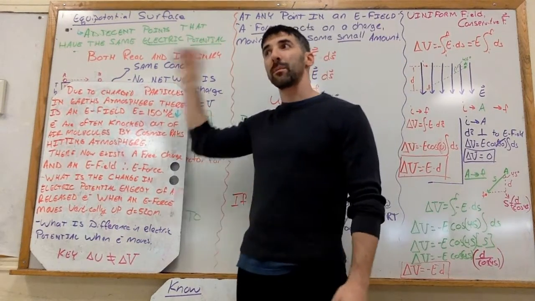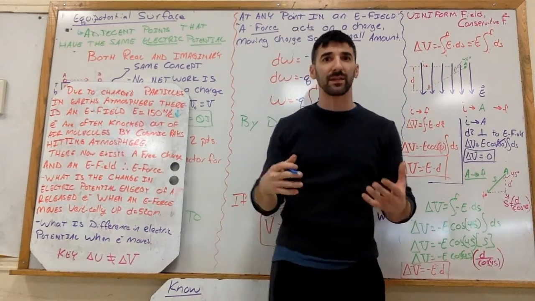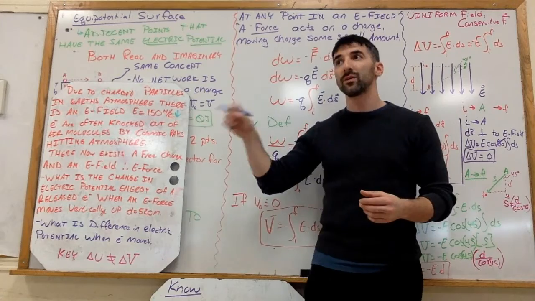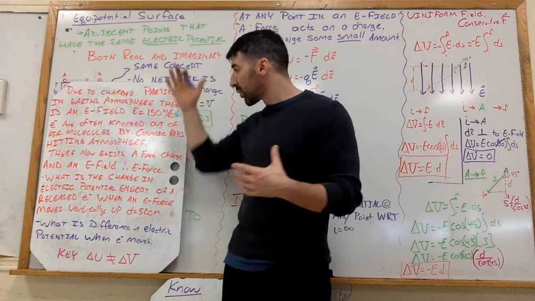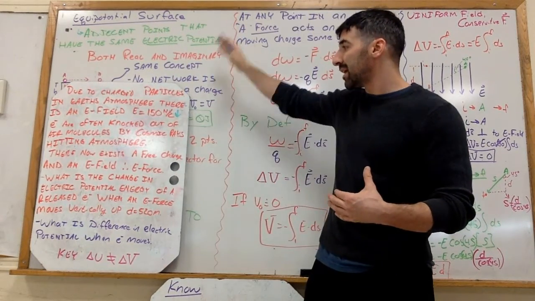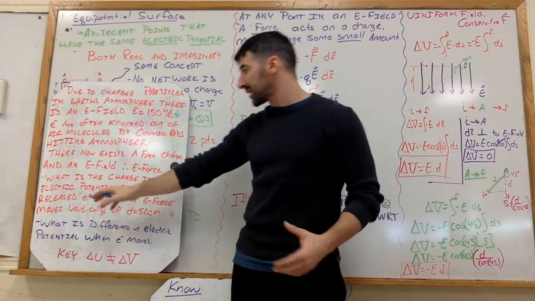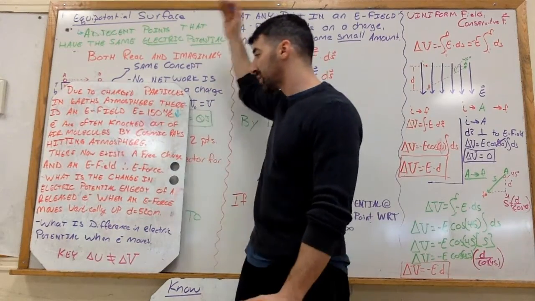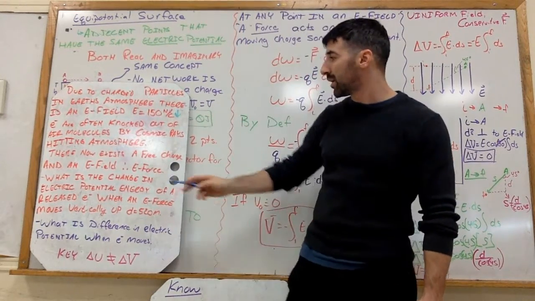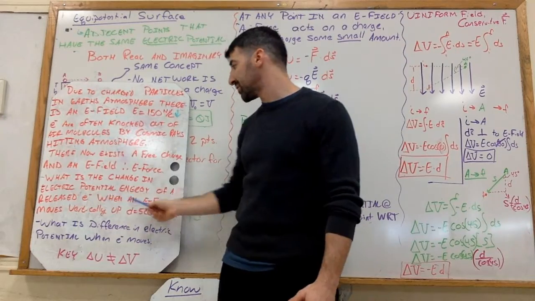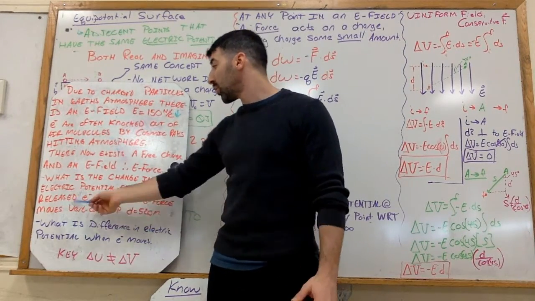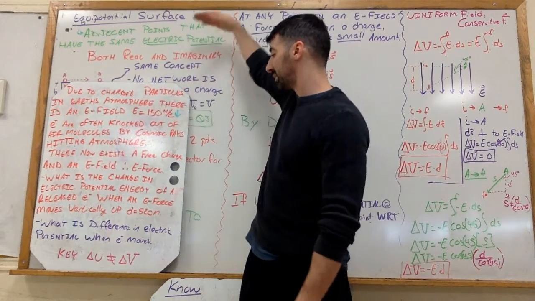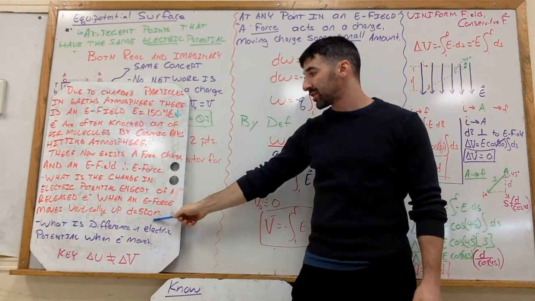Now, the Earth is also being bombarded by cosmic rays all the time, from like the sun. And because of that, we can knock loose electrons out of the atmosphere. So the question that I have written up is, if all of this is taking place and an electron is released, just knocked out due to one of those cosmic rays, and moves vertically, the thing that I want to know is, what is the change in electric potential energy when one of those now free electrons is released and moved vertically upwards 520 meters.